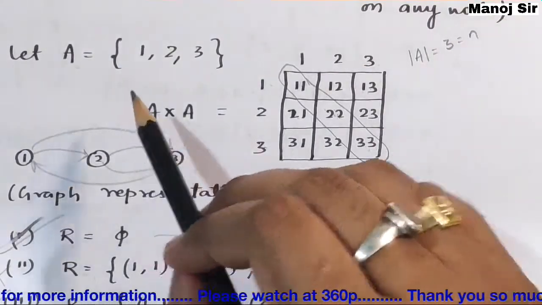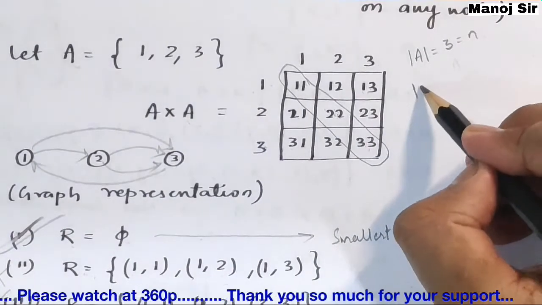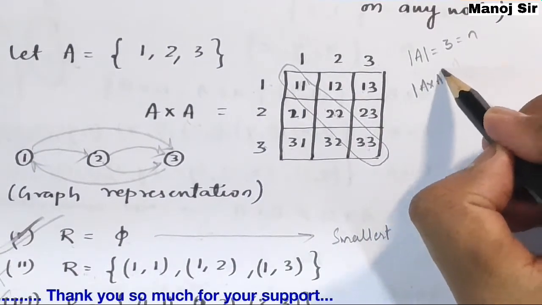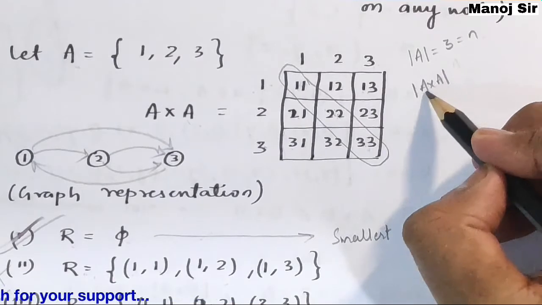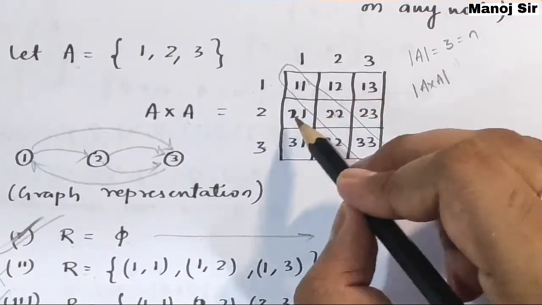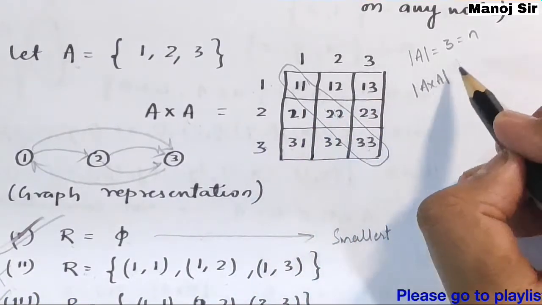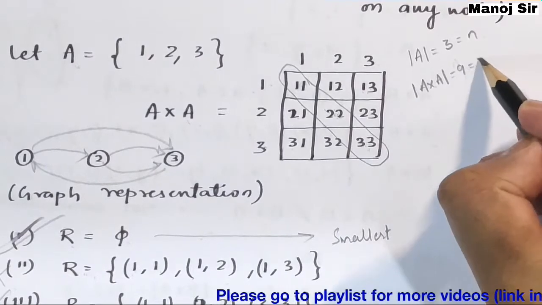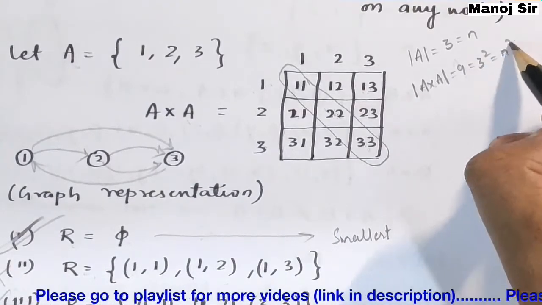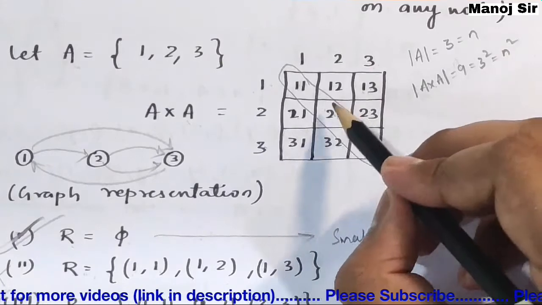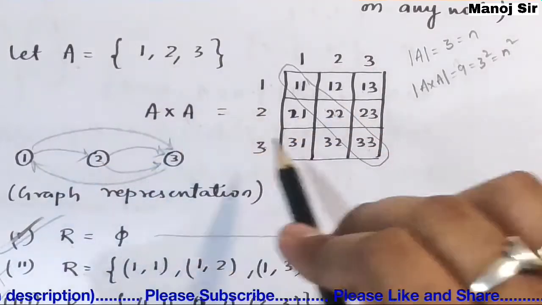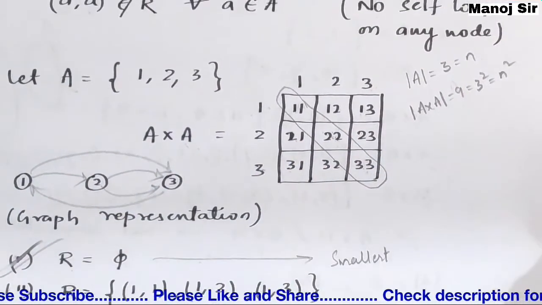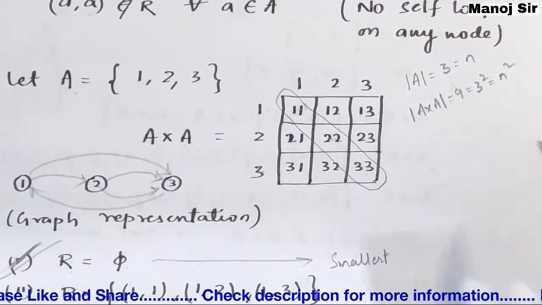If you want to make the Cartesian product A cross A, the number of elements present is 3 plus 3 plus 3, that is 9, which equals 3 squared, which equals n squared. If this is n, then this has to be n squared. I think this point is clear to you.